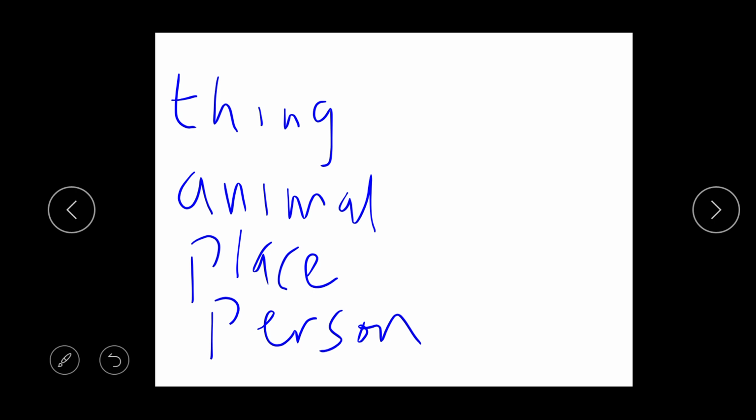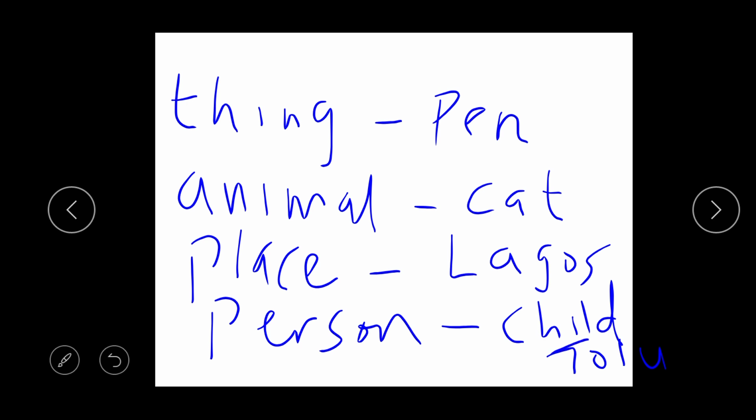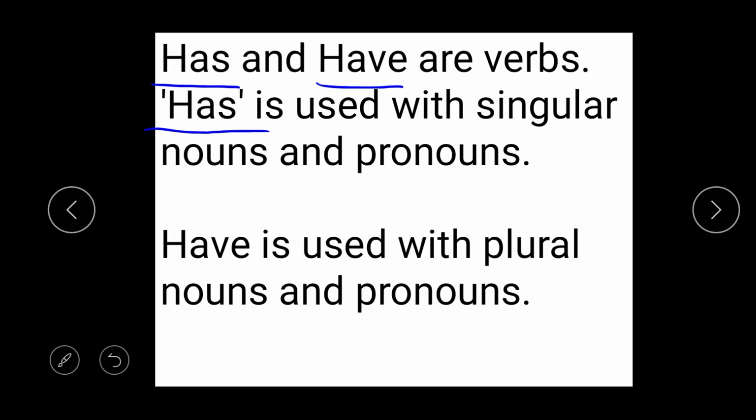One singular thing like a pen, one animal like a cat, one place like Lagos, one person like a child, or Tolu. So when we are talking about a singular person, animal, place, or thing, then we use the verb has.